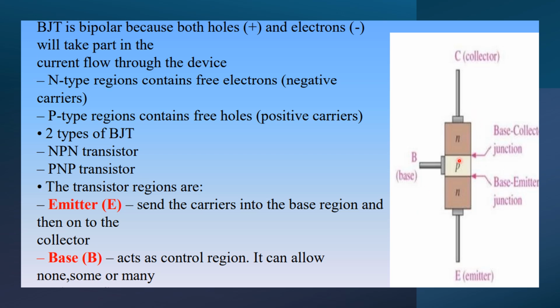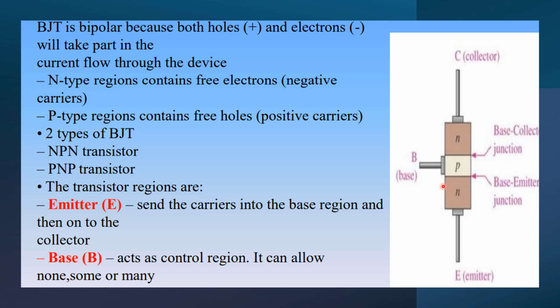This is called the base collector junction, the junction formed between the base and the collector. This junction is called the base emitter junction. Base collector junction, base emitter junction.